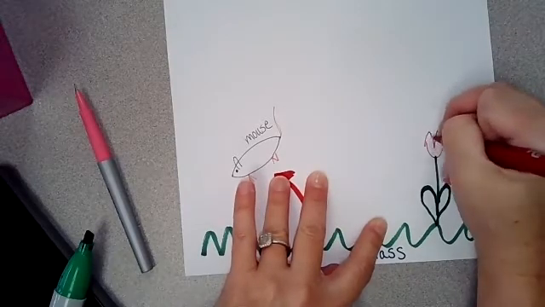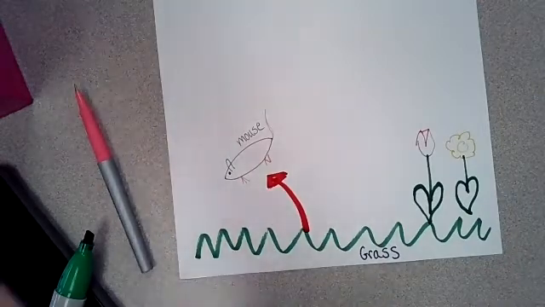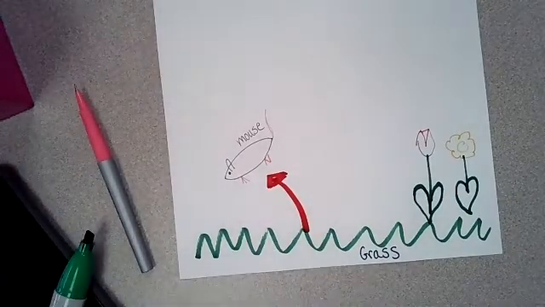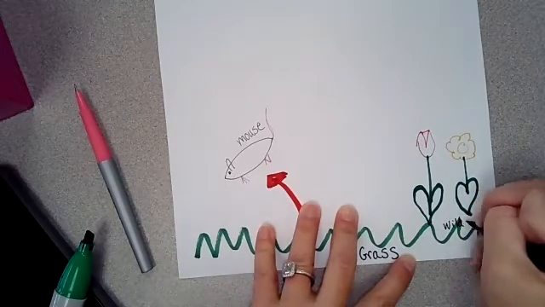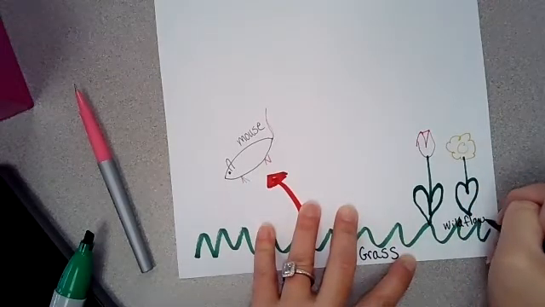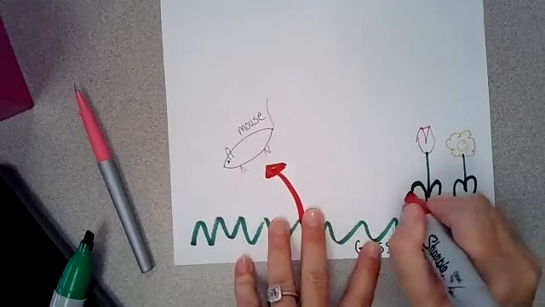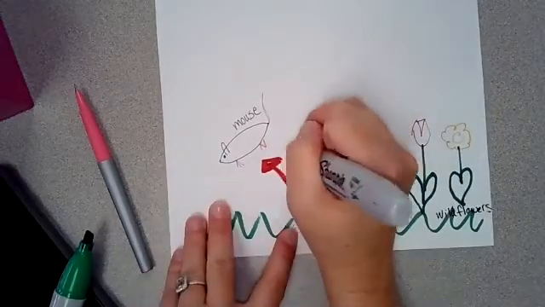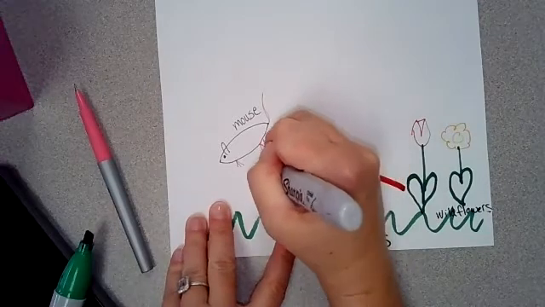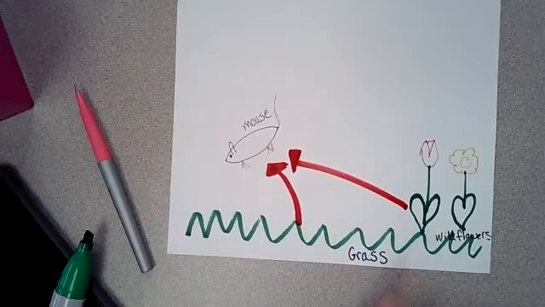I guess a rose isn't really a wildflower, but underneath I'm going to write that these are wildflowers. The wildflowers are also eaten by the mouse, so we'll draw another arrow going over to the mouse. The mouse doesn't eat just one type of thing, it eats many types of things.